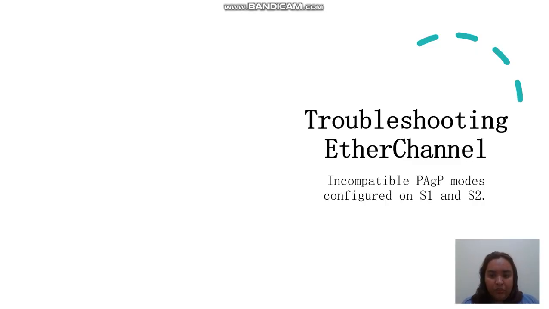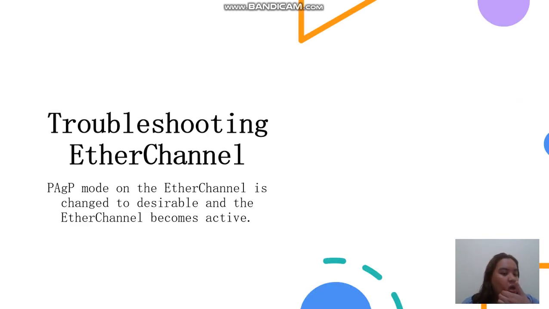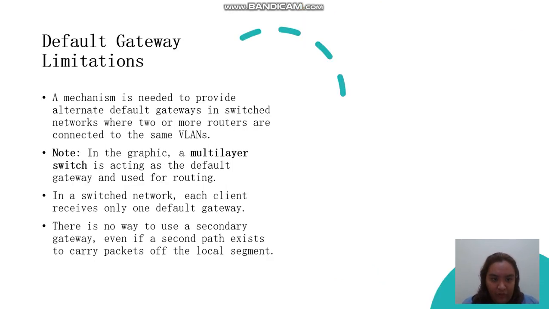Troubleshooting EtherChannel: an incompatible PAgP mode is configured on S1 and S2. The PAgP mode on EtherChannel 1 is changed to desirable and the EtherChannel becomes active.